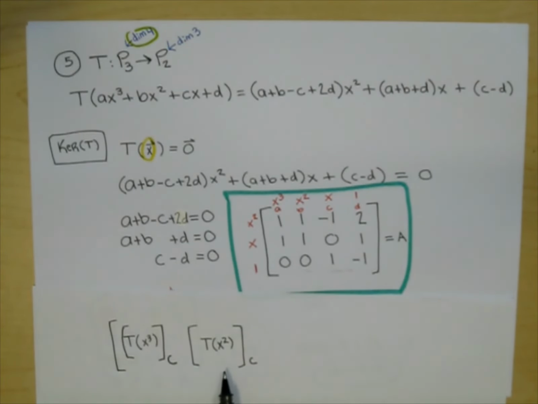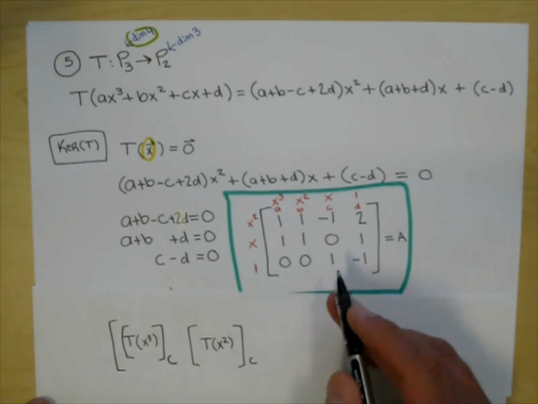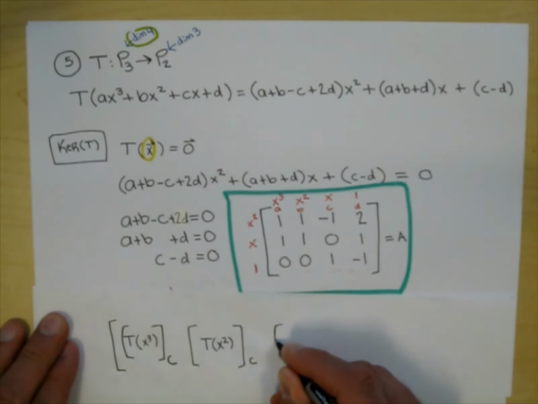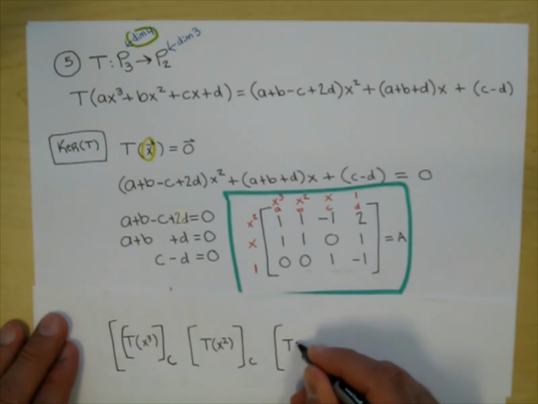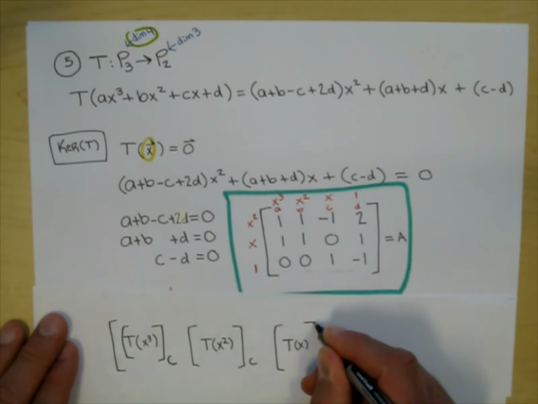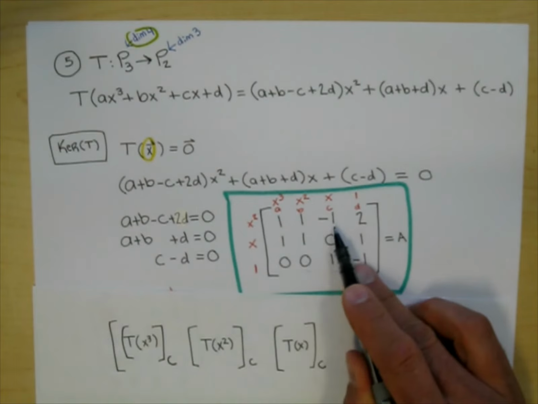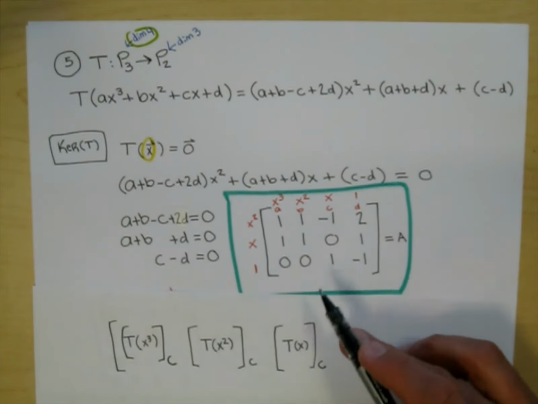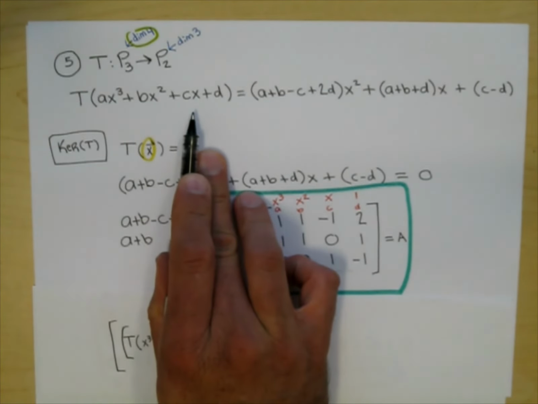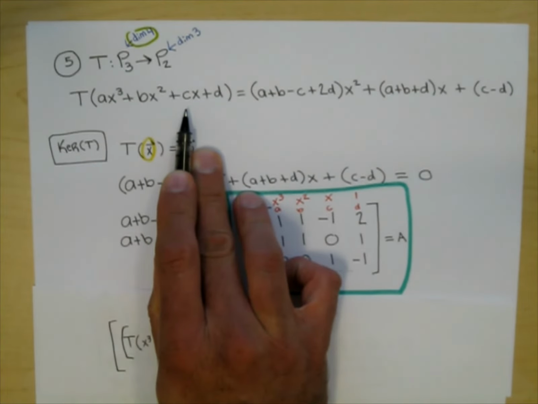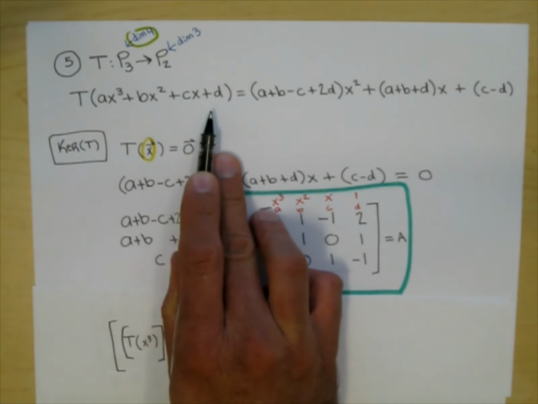So not that you're going to be writing this out in your homework, but I'm just kind of showing you this example. So the third column is going to be, we'll take a guess, T of x, and then you do it relative to the basis c, and then look. So that's if you've got x. Okay, so x has a 1 there, a 1 for c, and then a, b, and d are 0.